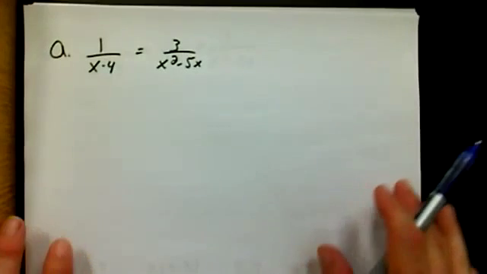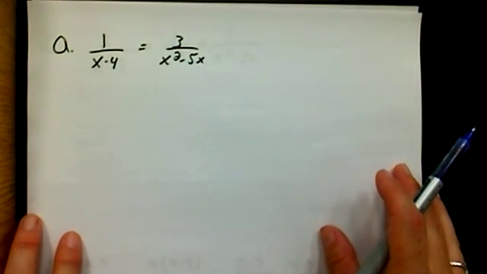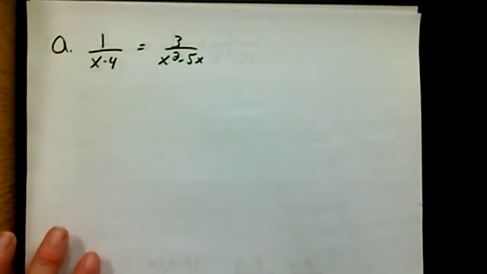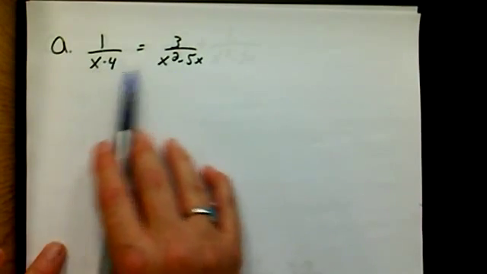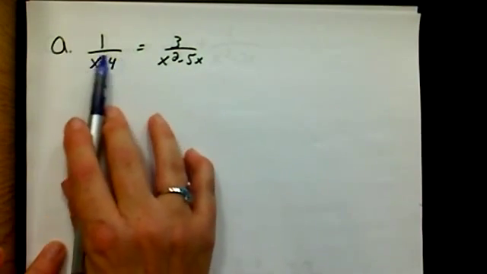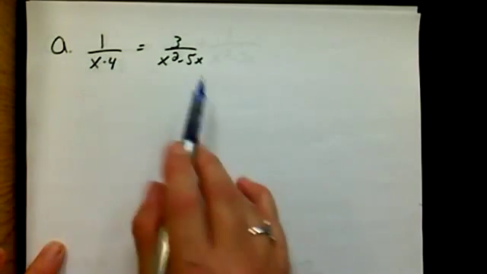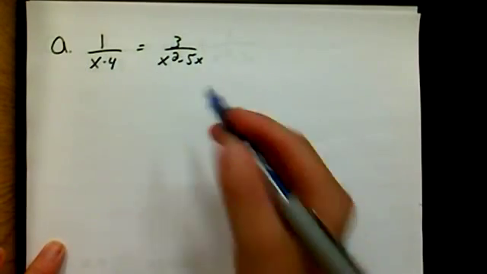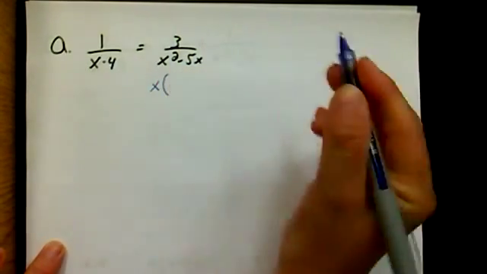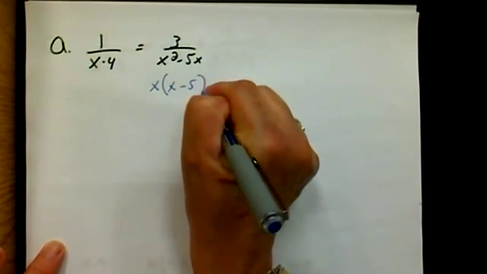So now, what do we have to do with this part? Let's see if we can end up solving it. It looks like the proportion, like we just got done doing, so it's kind of the same process. So I need a common denominator. This one's already factored. This one's not. So I need to pull out an x, giving me x minus 5.